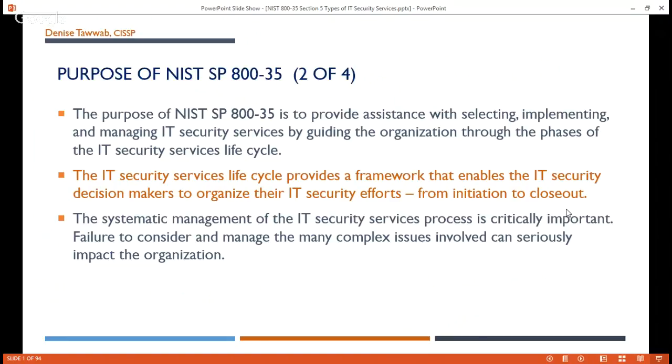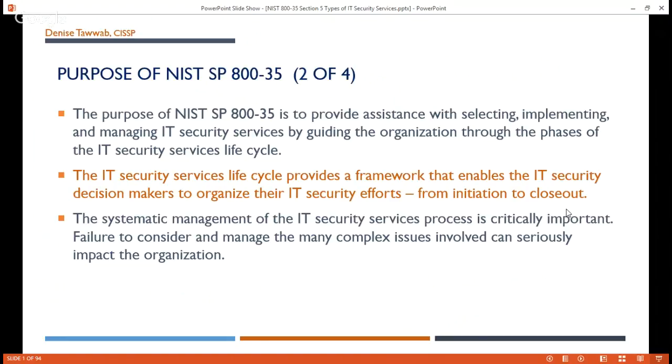And it's an entire process that we'll discuss again in a different video. The systematic management of IT security services process is really important because if you don't manage it, it can have some serious implications for your security posture.